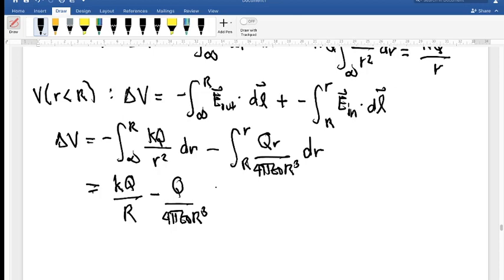Then the integral of r is just r squared over 2, so we have r squared over 2 minus R squared over 2.